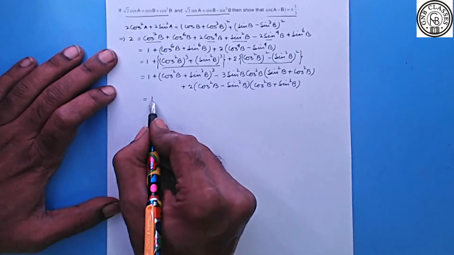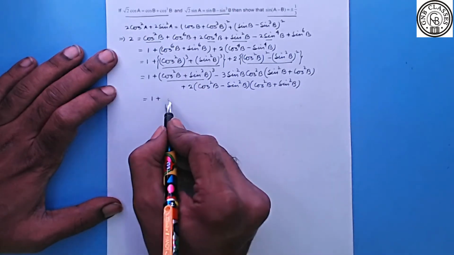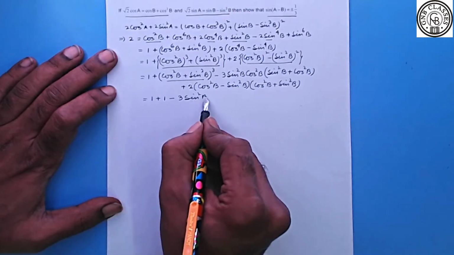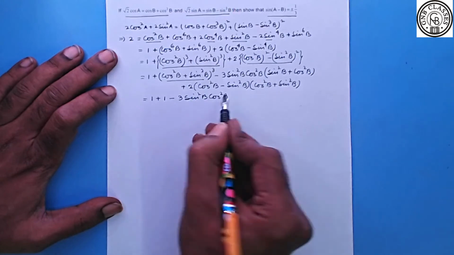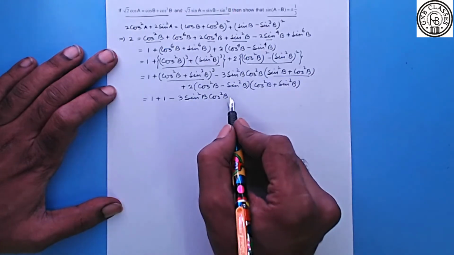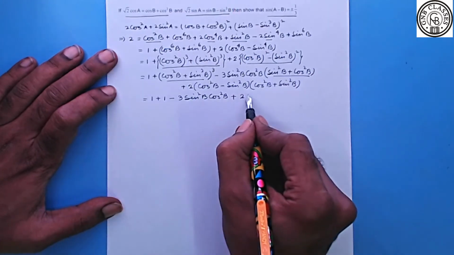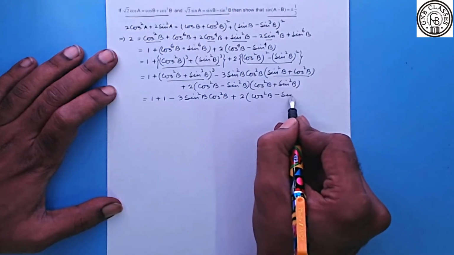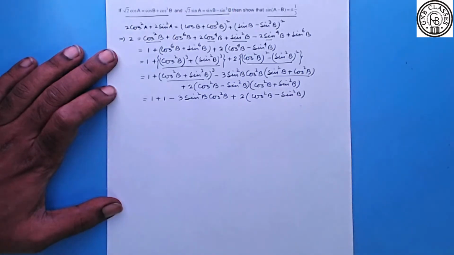So what we are having? 1 plus, this is 1 again. So 1 plus 1 minus 3 sine square B cos square B. Again, this is 1, plus 2 times cos square B minus sine square B. Okay? Because this is 1 again.